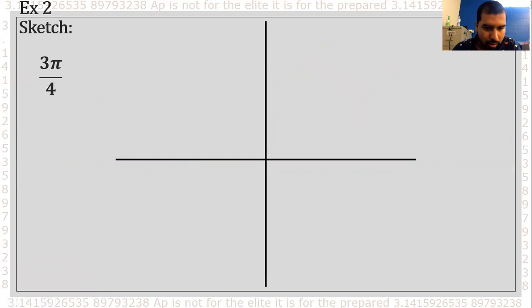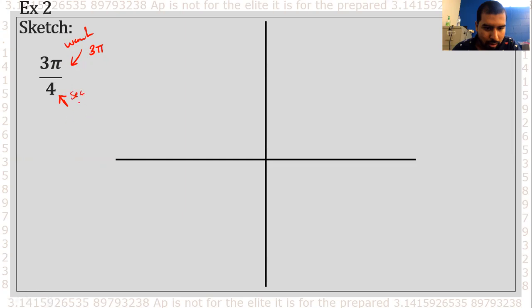Let's try this one. Go ahead and pause the video and give this one a try. So we want 3 of them, right? We want 3 pi over 4, where each pi, meaning the top side and the bottom side, gets divided into sections of 4.